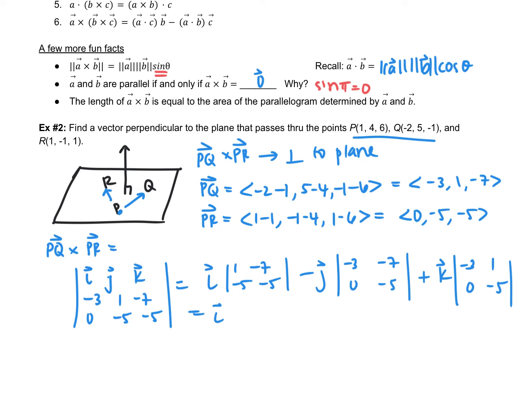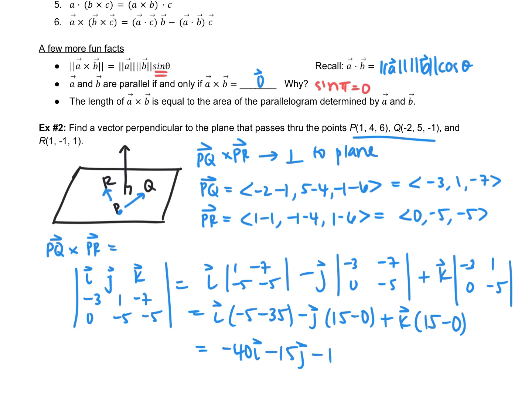So then this gives me I multiplied by -5, subtract 35. Subtract J times 15 minus 0. Add K times 15, subtract 0. So that vector then ends up being -40I, subtract 15J, add 15K.